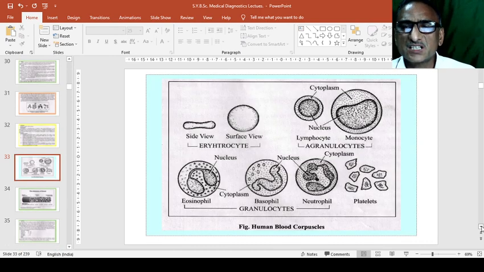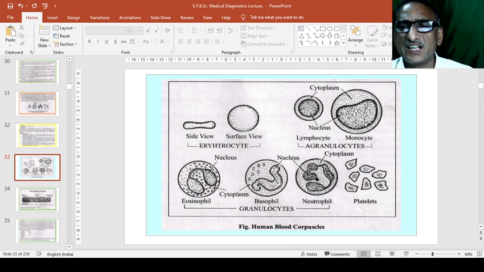Human blood corpuscles, erythrocytes, from the side view show like a spindle and are quite compressed at the center. This is the surface view. Agranulocytes are of two types, lymphocytes and monocytes.